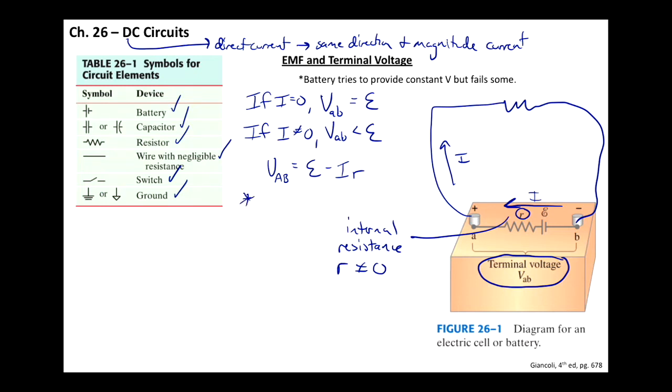So we will say, for most problems, assume this little r is negligible. Okay? Batteries have internal resistance, so while they try to provide a particular potential difference, it's always going to be a little bit less. Good so far?